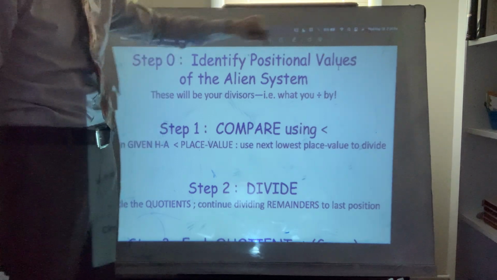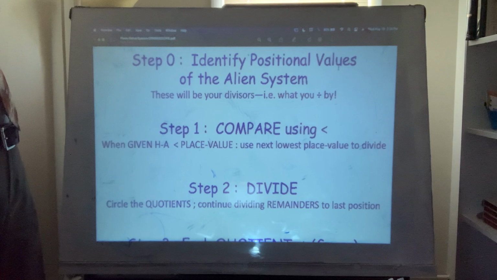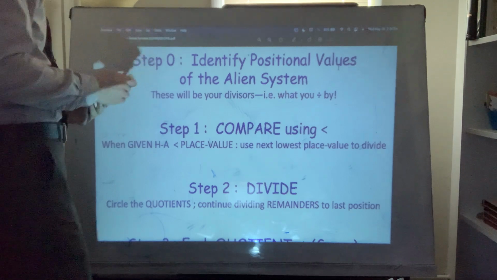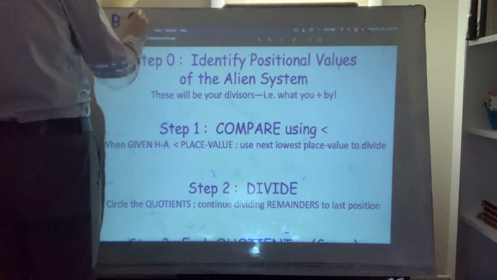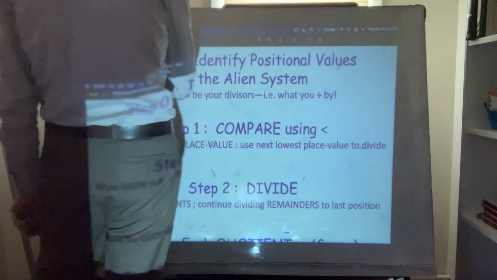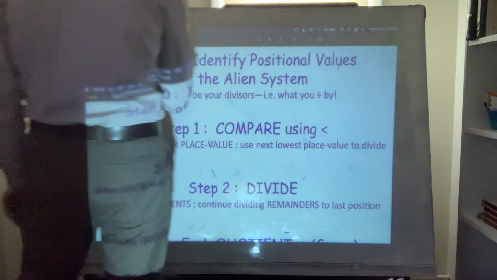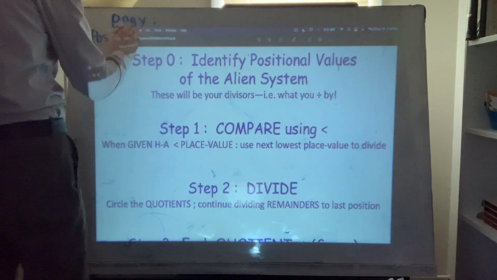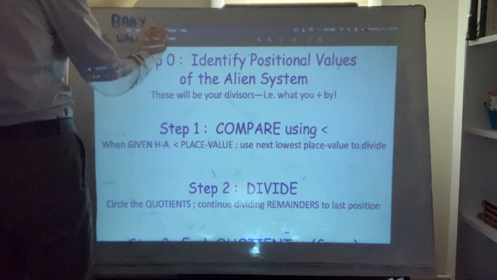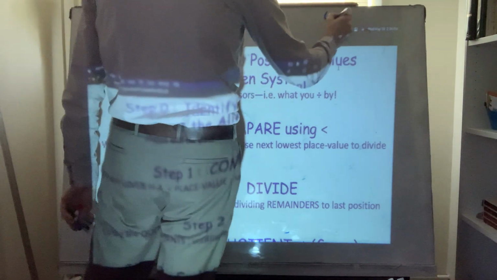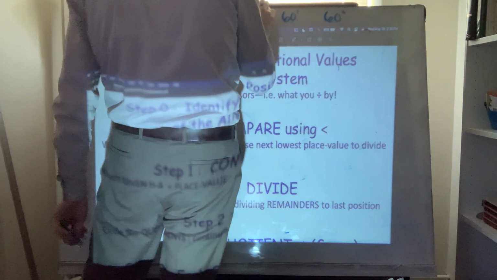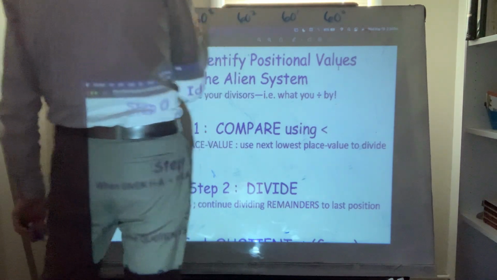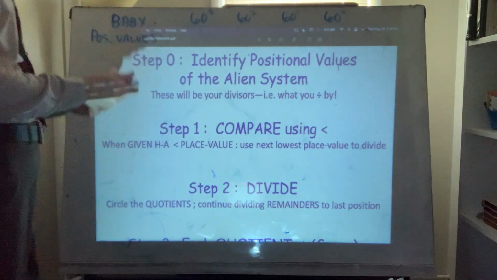Identify the position values of the alien system. So, for example, if you know that you are working in Babylonian, then you know that the position values would be 60 to the 0, 60 to the 1, 60 to the second, and technically 60 to the third, and it would go on into infinity.